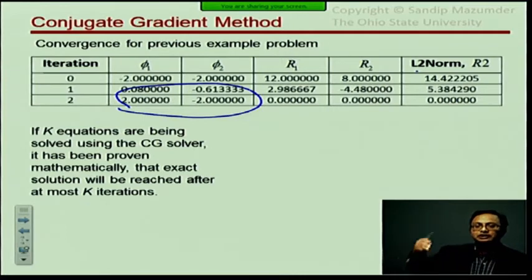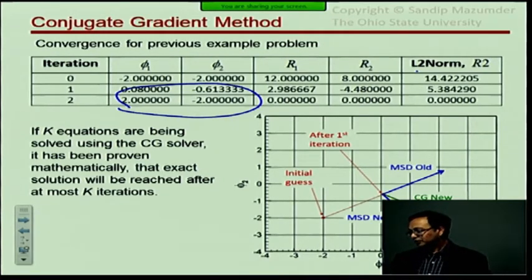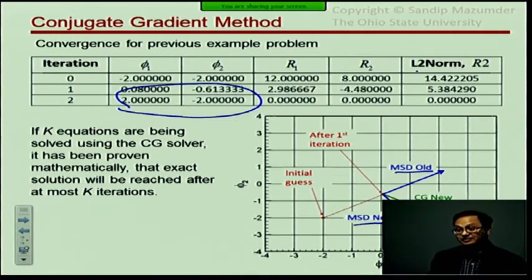Okay, but this is telling us that, in the worst case scenario, you got to go at most k iterations to get the exact answer. Okay, which is what you see in this 2x2 example, that in 2 iterations you do actually have the exact answer. And this is what it's doing graphically. Again, this is your MSD old, this is your MSD new, and this is what the conjugate gradient predicts as your new search direction, and it takes you right to the answer, second iteration, directly.